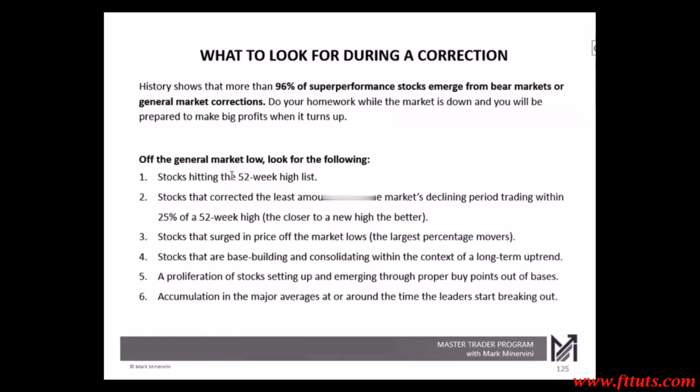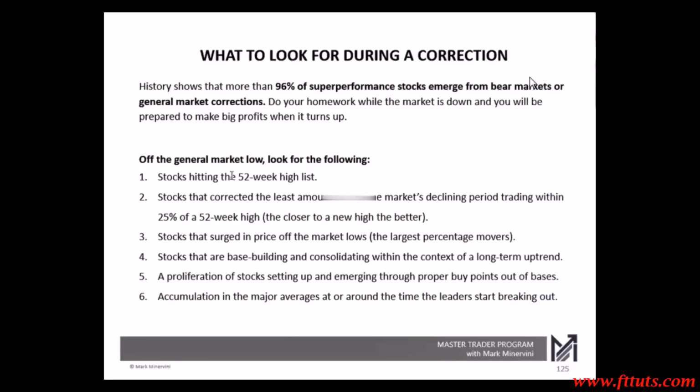Stocks that surged in price off the lows, the stocks that really move and make the biggest percentage moves off the lows, those are stocks to keep an eye on, because like Netflix, you saw that nice big move up, 125% while the market's correcting. That was telling you something's going on there, and the stock was discounting it.